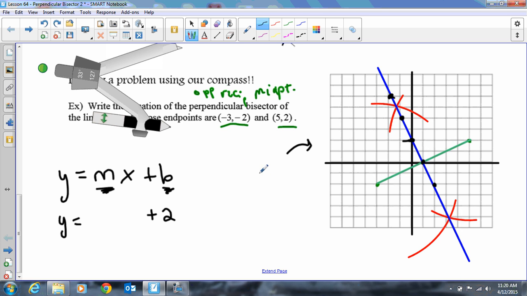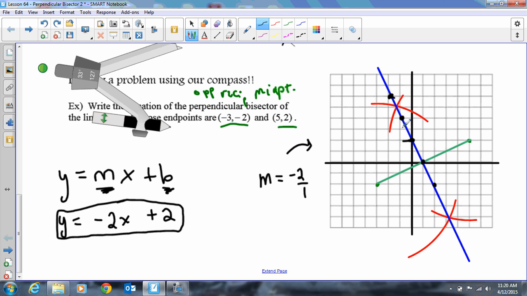So it looks like my slope is -2/1. So when I go over here to write the equation, it's y = -2x + 2, and we're done. Really, this method uses no algebra at all. It's mostly the construction, and then using our eyes to get the slope, and using our eyes to get the y-intercept, and that's it. So there it is.